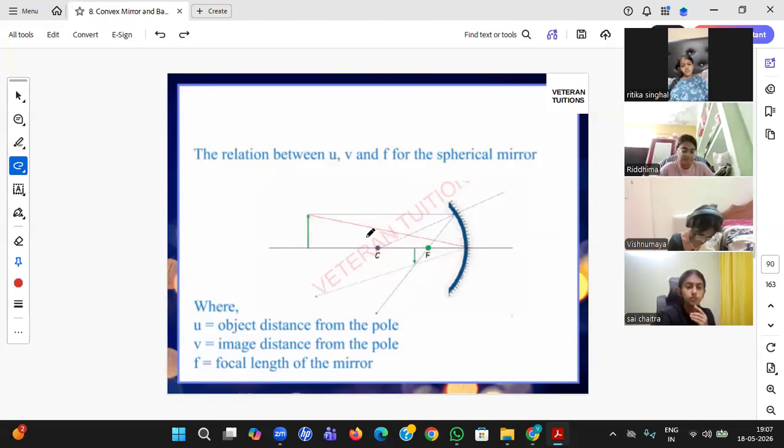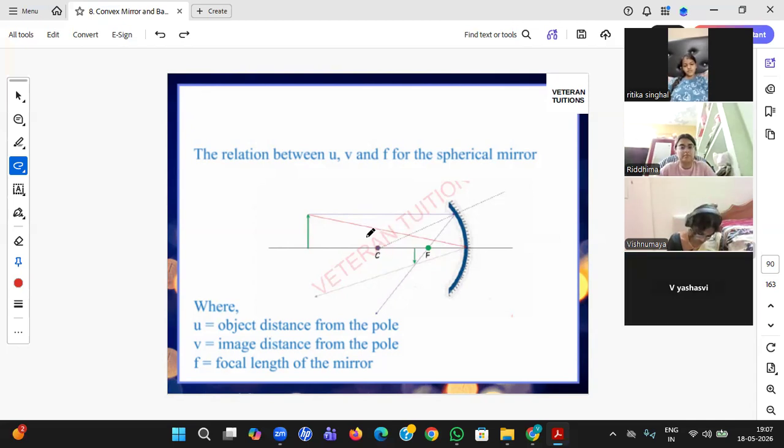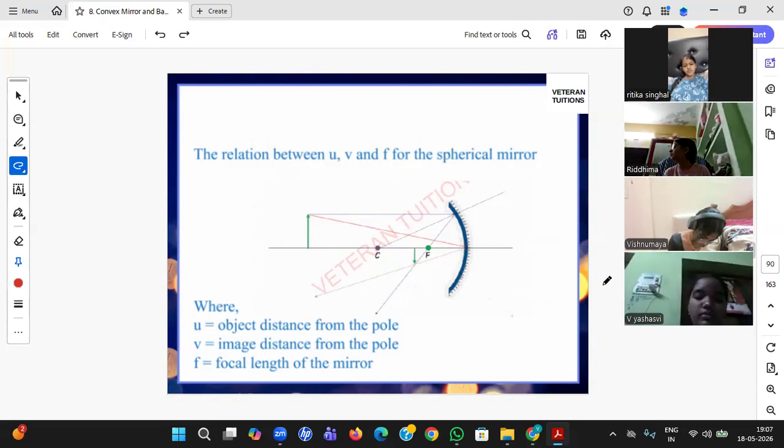Concave. Now, can you say if in numericals I want to take the focal length, will the value be negative or positive, as per sign convention? You can see the concave mirror here and you can see the focus here. In numericals, you should always write the focal length value. So will that be positive or negative?